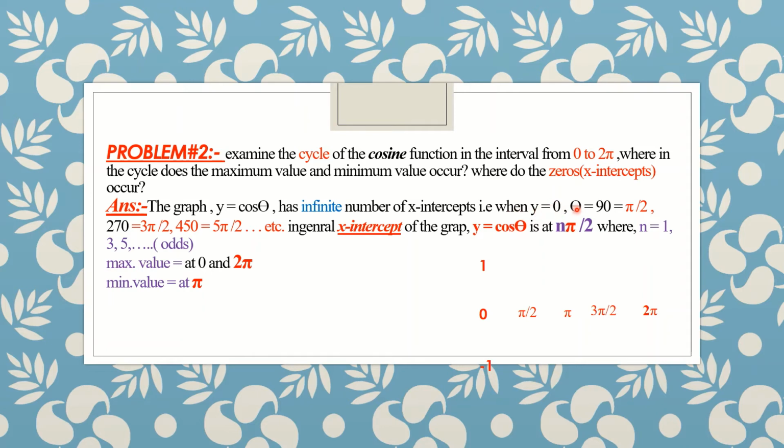theta can be 90, which is pi over 2, or 270, which is equal to 3 pi over 2, or 450, which is equal to 5 pi over 2, and so on, because for these values of theta, cos theta will give you 0. Look at this graph.